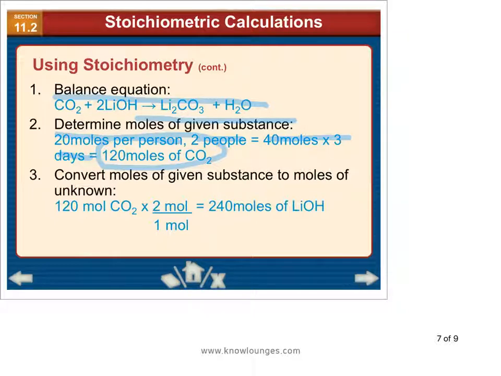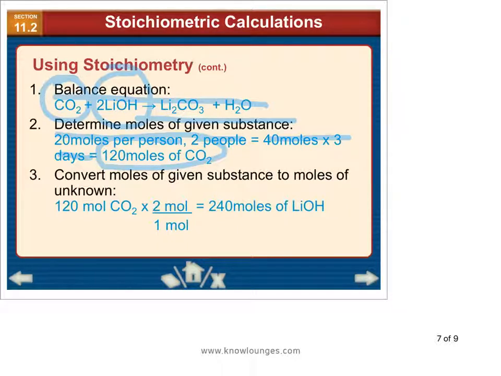Then we use a little conversion factor. We're trying to get it into LiOH, so we look at 2 moles of LiOH for every 1 mole of CO2. As we do these in class, I will expand out a little bit on how we write these out.